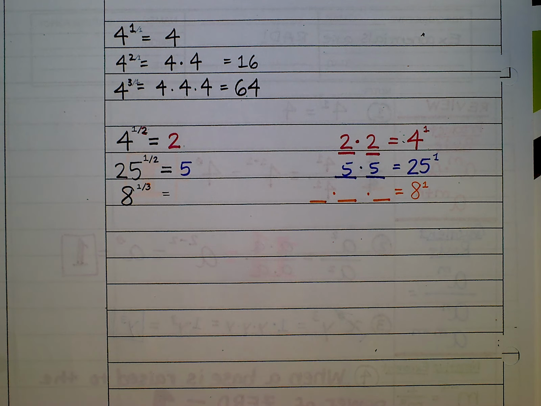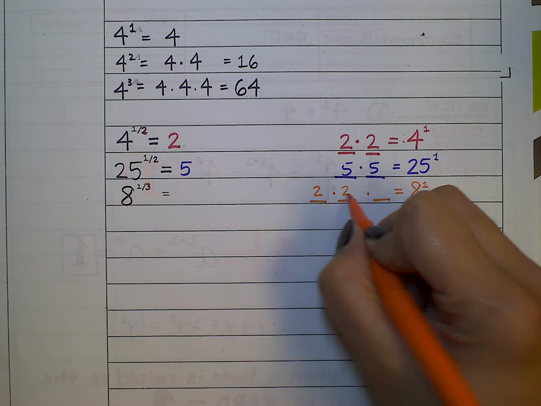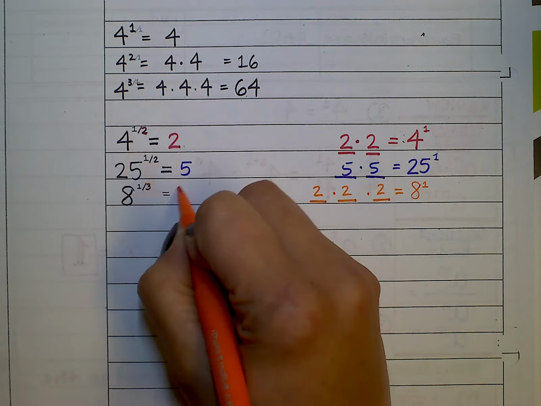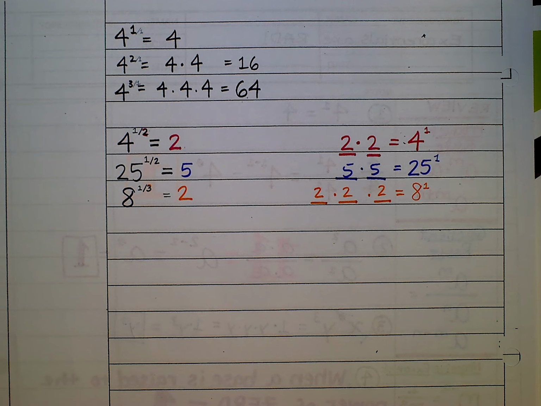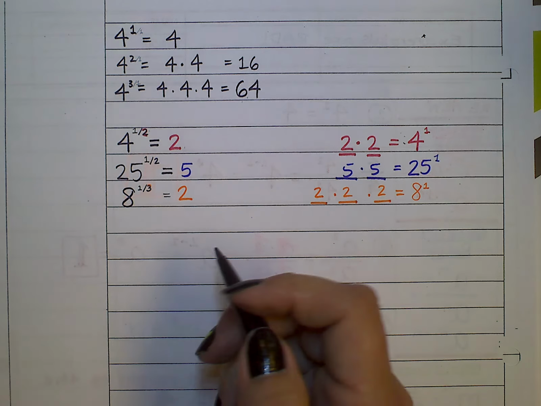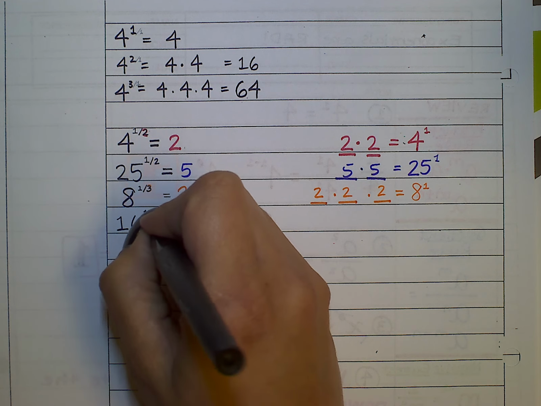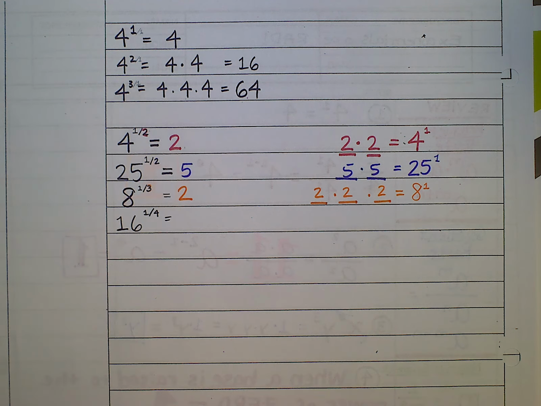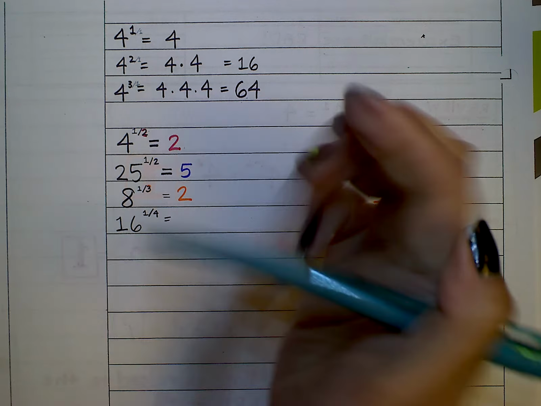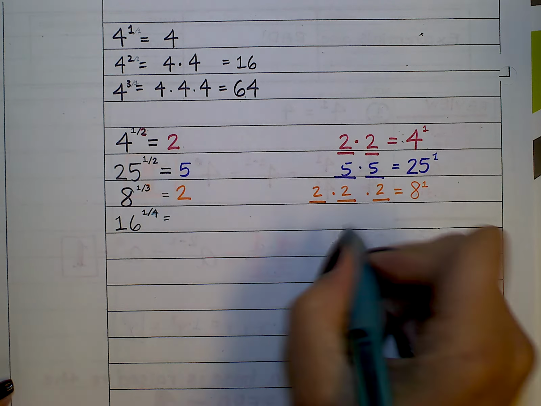Well, we know that one. That's 2 times 2 times 2. Okay. Well, how about 16 to the power of 1/4? Okay, well, let's get 4 blanks.